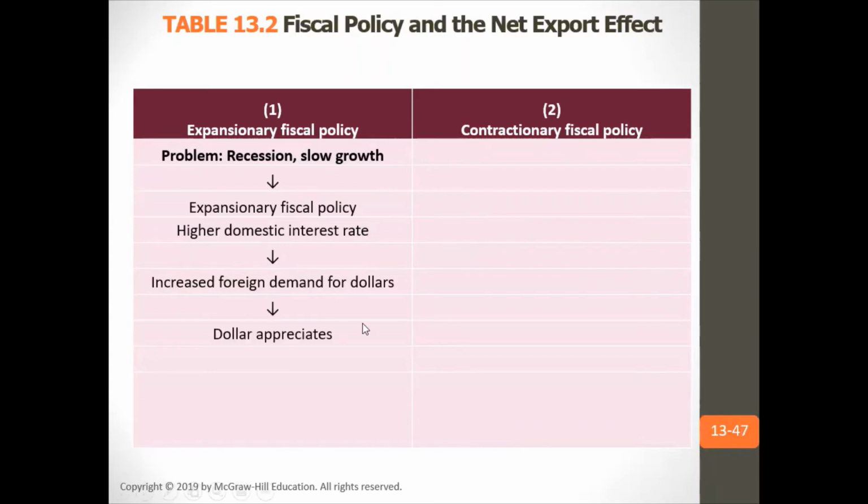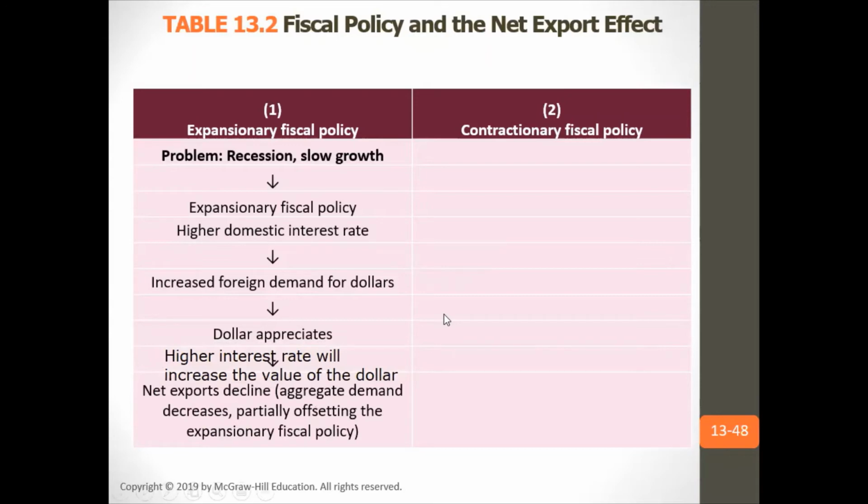So the dollar will go up in value, because a higher interest rate will increase the value of the dollar. And net exports decline because imports will increase. Imports increase when the currency appreciates.